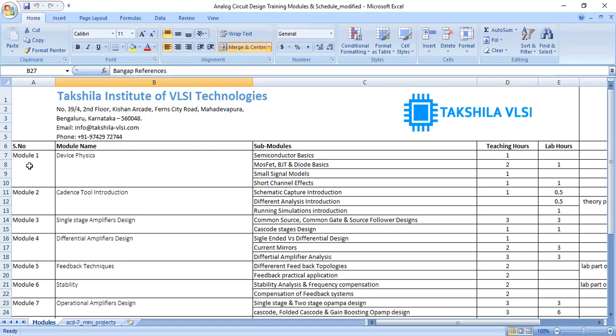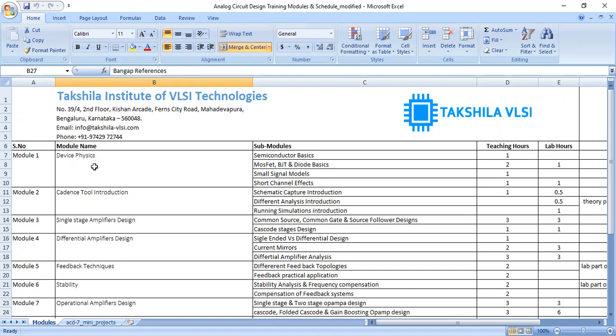All right. So let's start with the first module, what we are studying and addressing here. As we all know, analog design is pure semiconductor design. So we are dealing with transistors, MOSFETs, diodes, BJTs. It's all about knowing more about semiconductors and their corresponding devices and applications.